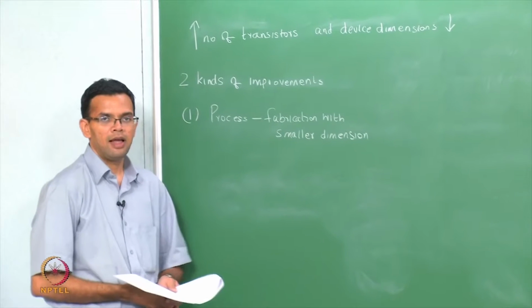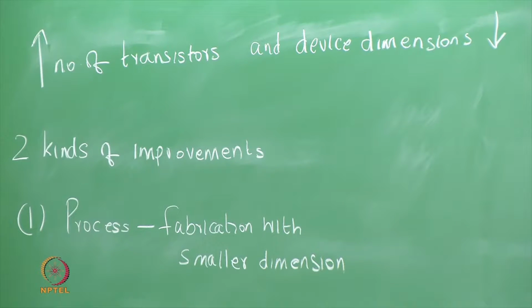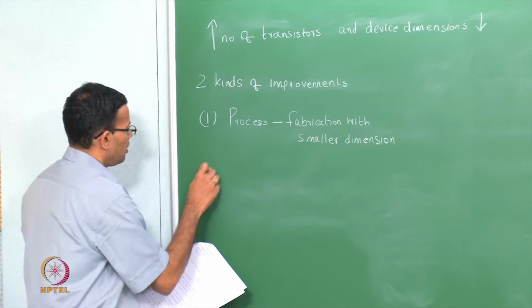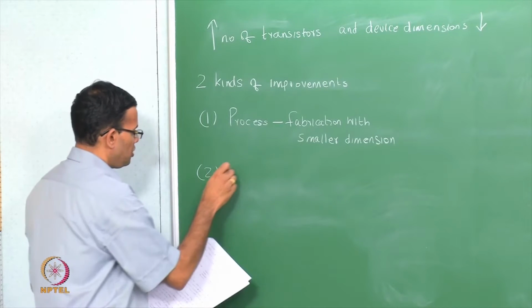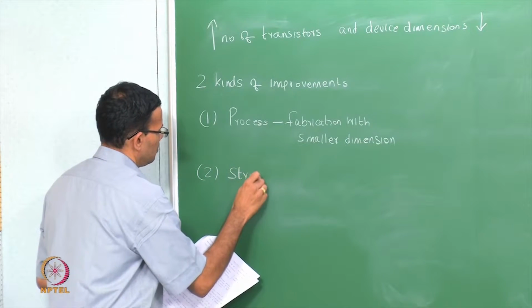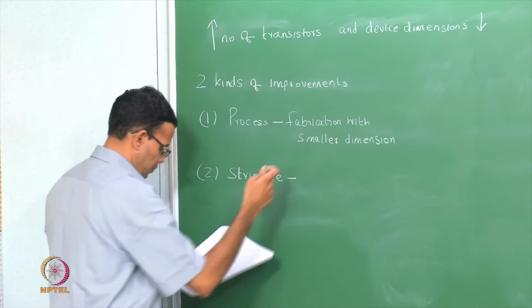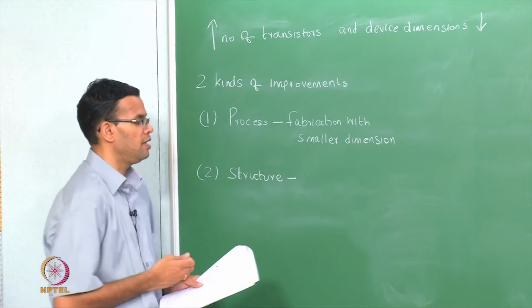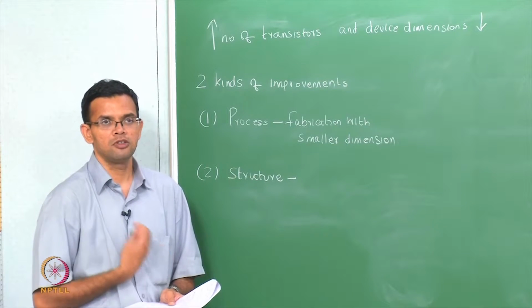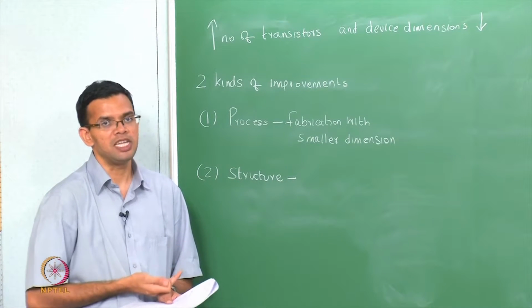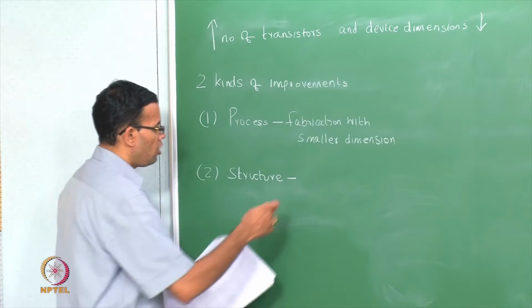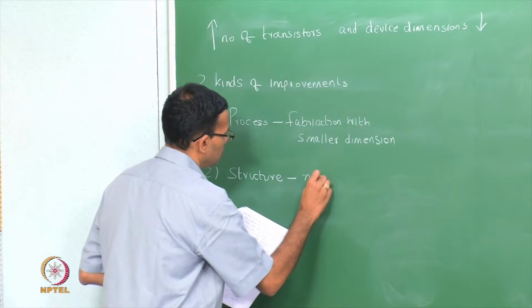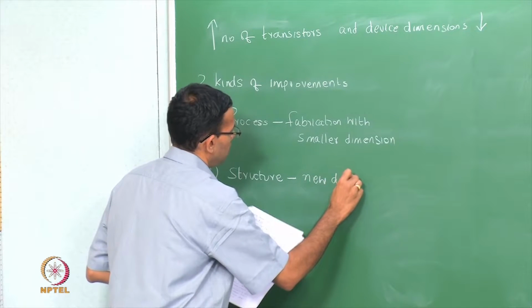This is analogous to taking a chip and shrinking all the dimensions so that the overall size is smaller. The other kind of improvement is your structure improvement, where you have new device designs. This could be a design in terms of the structure, or a design in terms of a new material that is being used in order to give greater performance. So, you have a new design.